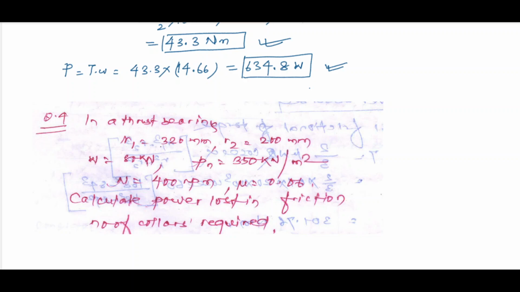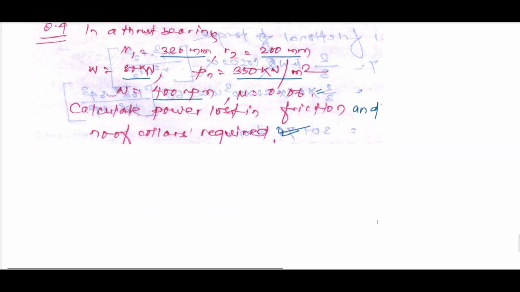R1 is given 320 mm, R2 is 200 mm, total load 80 kilonewton, normal pressure is 350 kilonewton per meter square, speed of the shaft is 400 rpm, mu is given 0.06. Calculate the power lost in friction and the number of collars required.